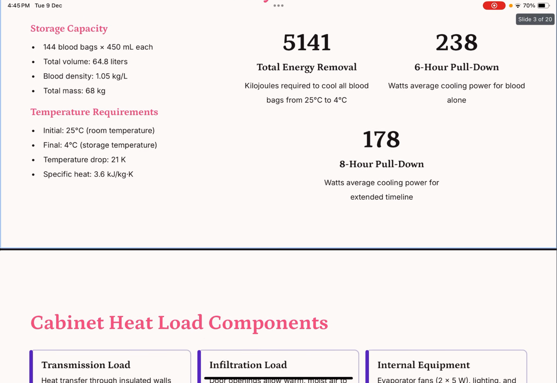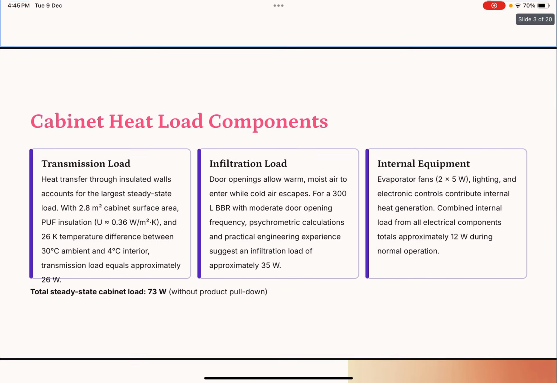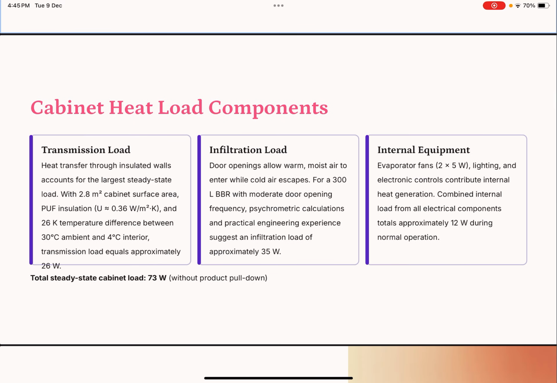state load. So how do you calculate the steady state load, or what is called the cabinet heat load? We need to factor in how the heat transfer is happening into the cabinet from the surrounding. One way is the transmission of heat from the outside to the inside of the cabinet.